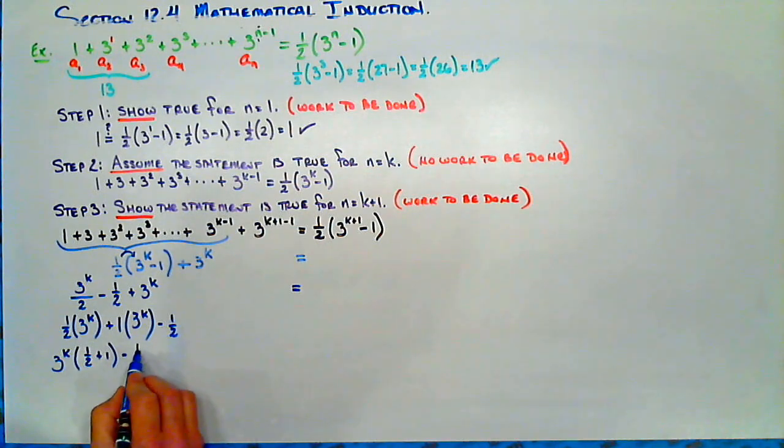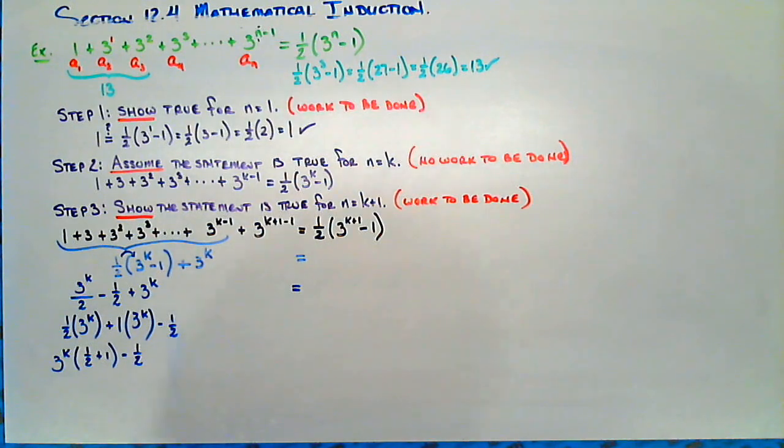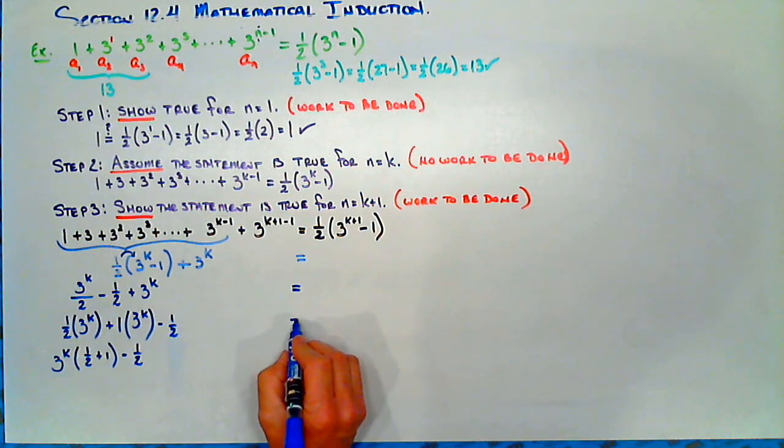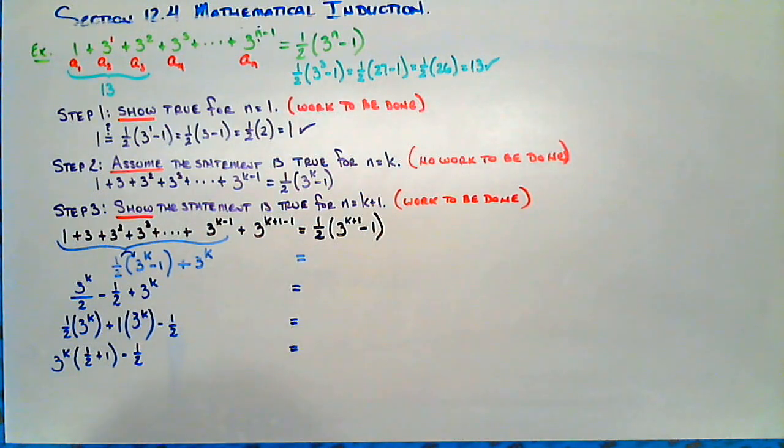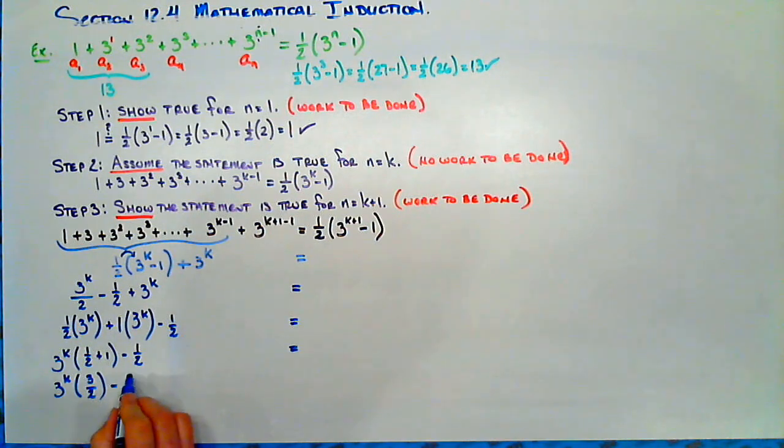Now here's my minus 1/2 right here. Remember, we're hoping this is going to equal this over here. What is 1/2 plus 1? Well, that's 3 to the k times 3 over 2, isn't it? Minus 1/2.